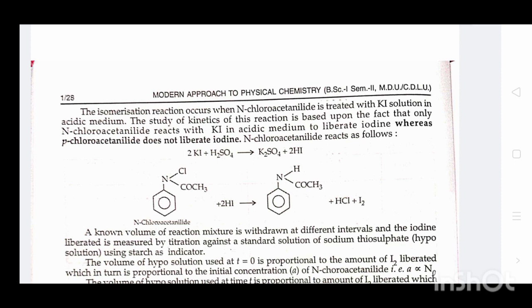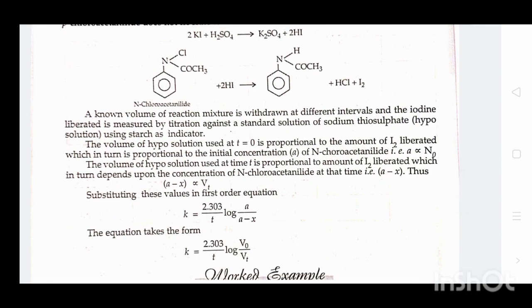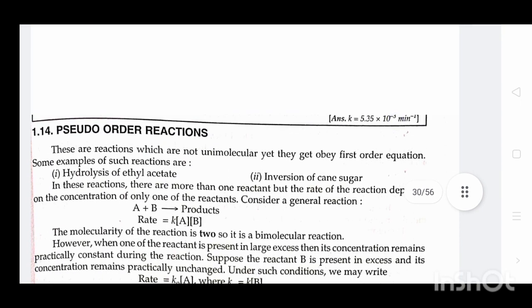N-chloroacetanilide reacts as follows: 2KI plus H2SO4 gives K2SO4 plus 2HI. A known volume of reaction mixture is withdrawn at different intervals and the iodine liberated is measured by titration against a standard solution of sodium thiosulfate using starch as indicator.